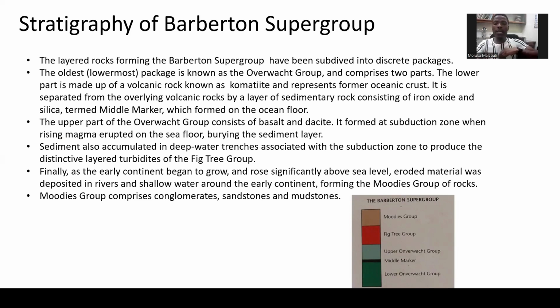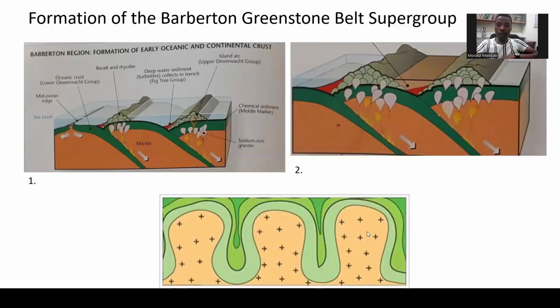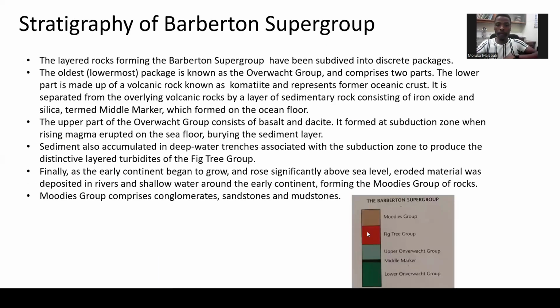But now these 2 parts of the Onverwacht are divided mainly by a metal marker. I will show you with time what we are talking about.